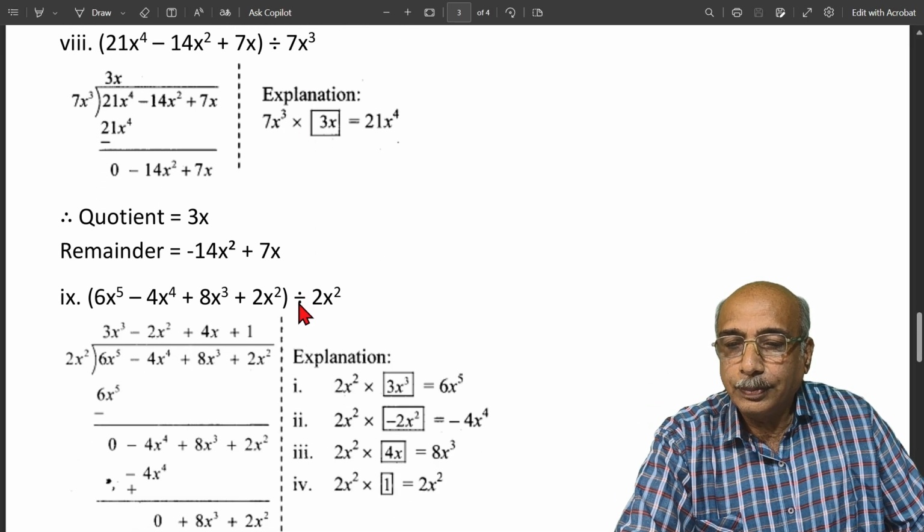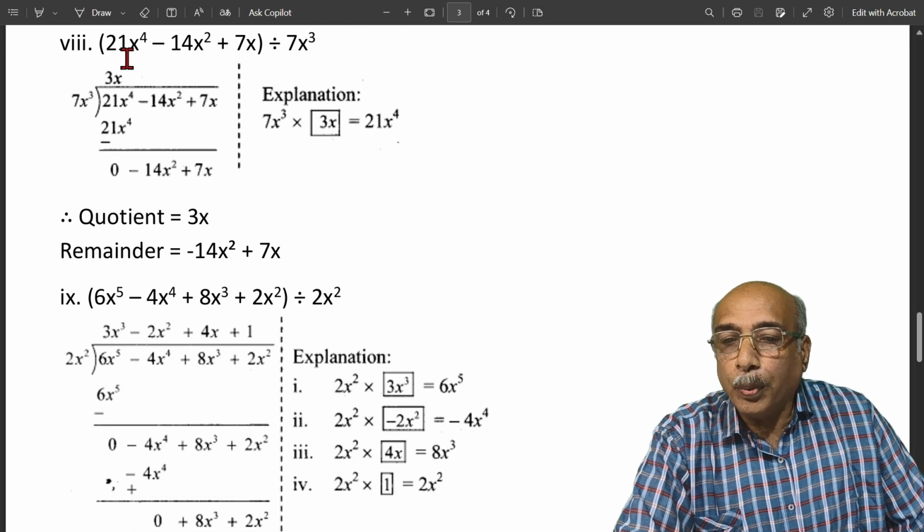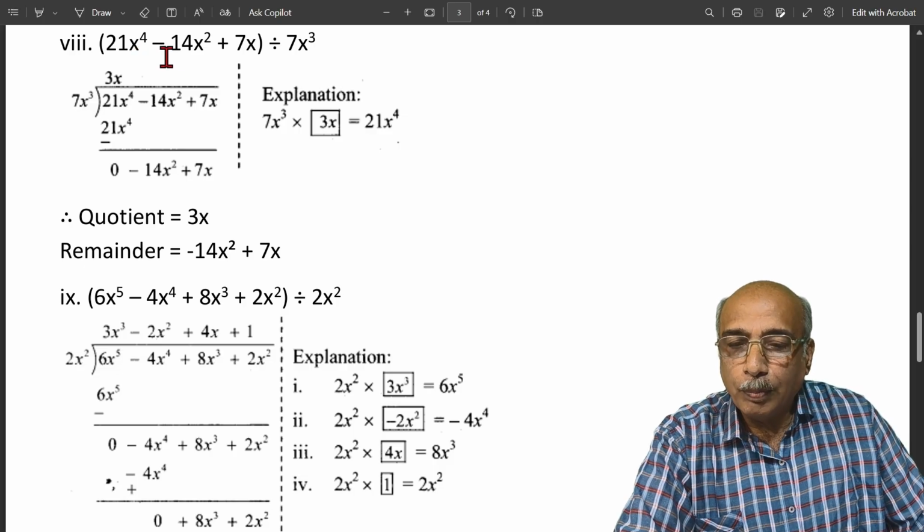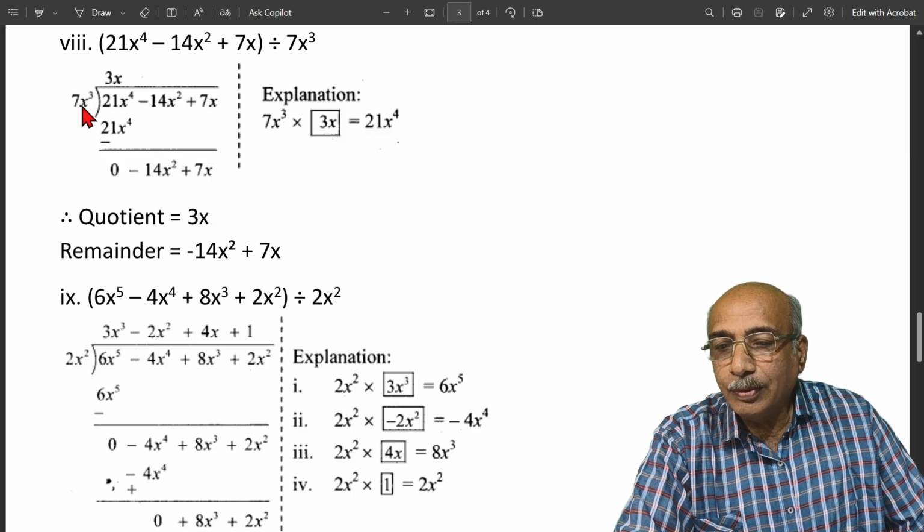Next term. 21x raised to power 4 minus 14x square plus 7x divided by 7x cube. Method remains the same. First term you take 7 3s are 21, x cube into x raised to power 4.